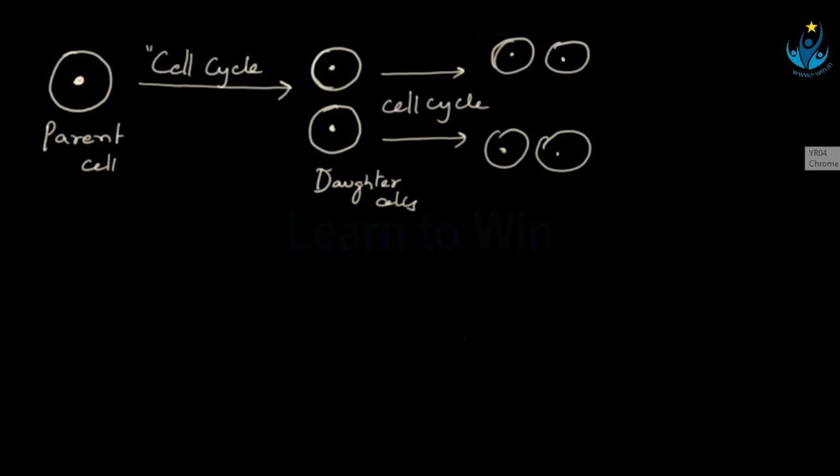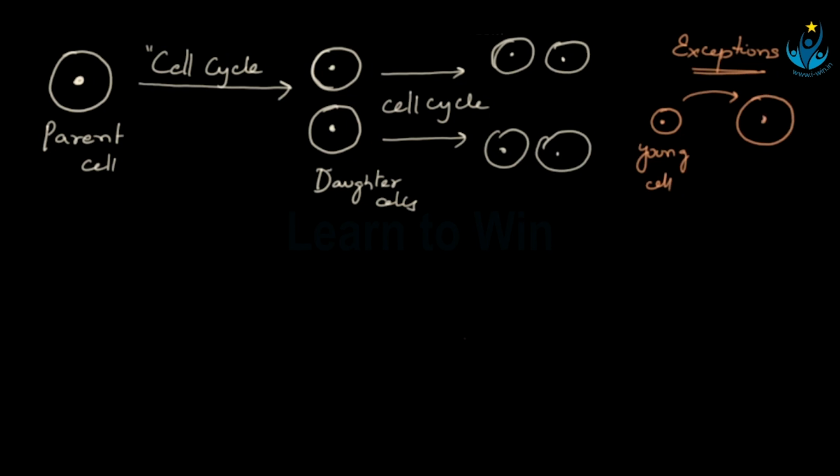Now, are there exceptions to this? Yes, there are a few exceptions. You will see it once again while we're discussing the cell cycle. There are a few cells which do not undergo division. The cell is born, we'll call this the young cell. Then it becomes an adult mature cell.